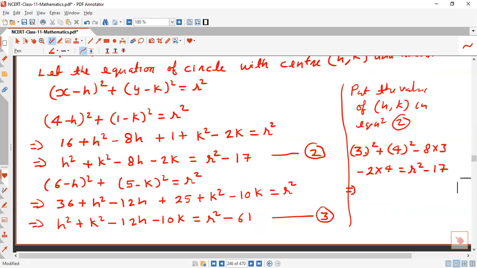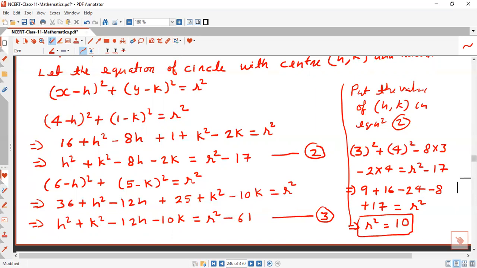If you simplify this one, you are getting 9 plus 16 minus 24 minus 8, plus 17 equal to r square. So r square will come out if you add all the numbers. 16 plus 9, 25. 25 minus 24 plus 17, 18. 18 minus 8, 10. So r square will come out 10. The value of r square comes out 10.